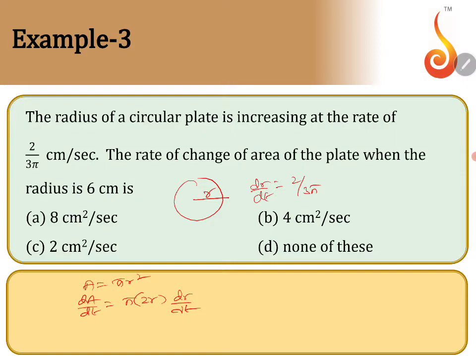The area of the plate when the radius is 6 centimeter: pi into 2 into 6, into dr by dt 2 by 3 pi. The pi gets cancelled, the 3 and 2 get cancelled. 2 twos are 4, 4 twos are 8 centimeter square per second. Option A is the right answer.